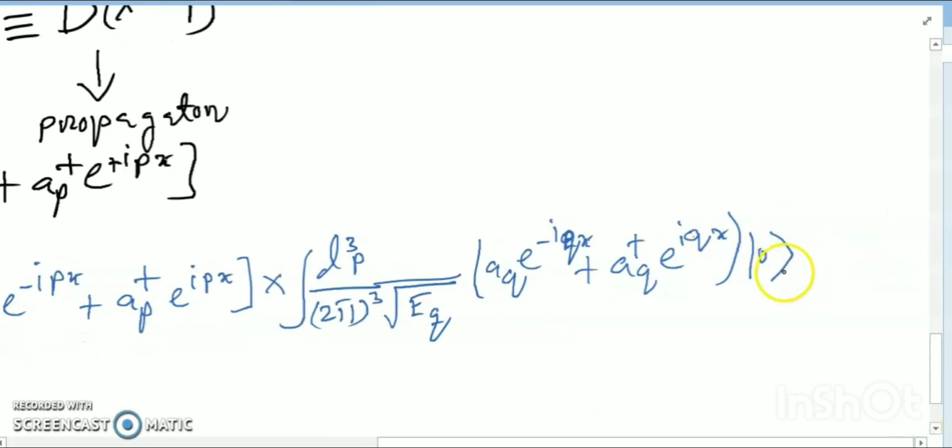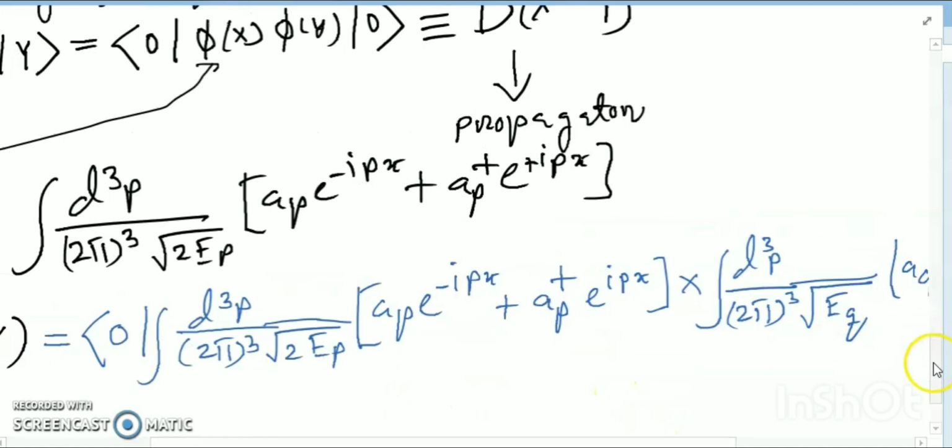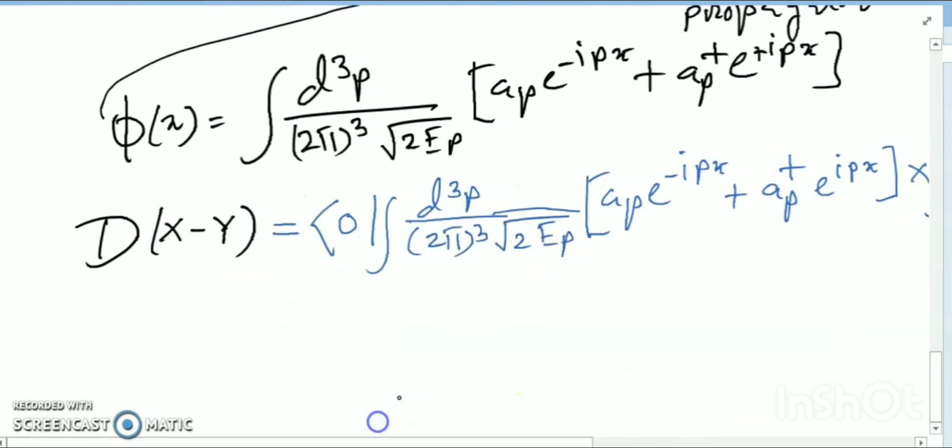Now, of course, doing this calculation would be quite lengthy. So let's just take a look at a_p, a_p dagger and a_q dagger, because we know that there are some relations with them and the vacuum.